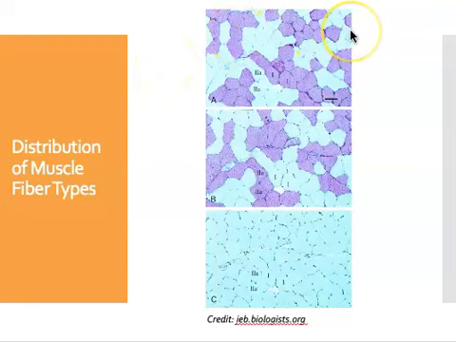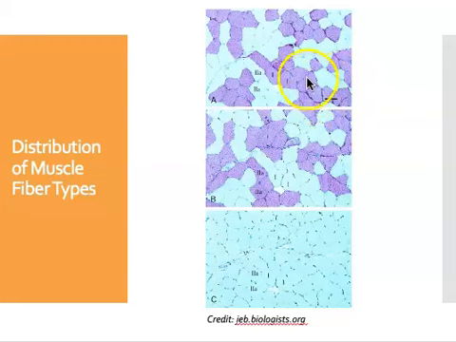Now, we have the ability to stain type 1 cells specifically, or to stain type 2 cells specifically, or to stain type 2A versus type 2B cells. But it requires different types of stains to see those different categories of muscle fibers. This image up at the top here has been stained to show where the type 1 fibers, the slow oxidative fibers, are.